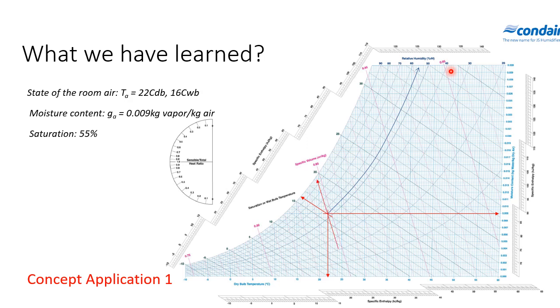Now let's move on. If we draw a line parallel to the specific volume lines, we find this line is very close to 0.85 cubic meter per kilogram, and the next one here is 0.84.